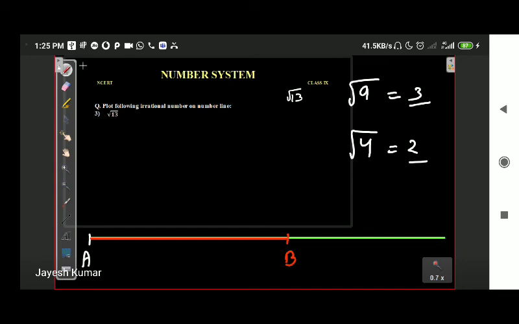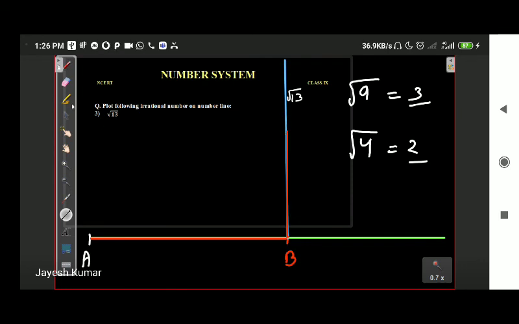After this, at point B I will draw a perpendicular, and on this perpendicular I am taking an arc of 2 centimeter. Let us draw this line up to here, somewhere here.